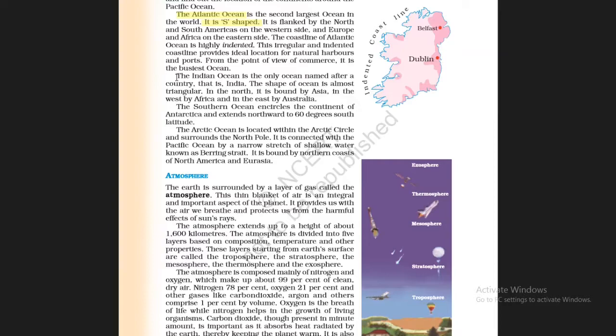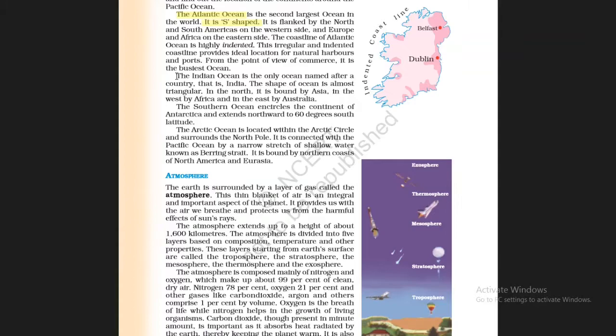It is helpful for making natural harbors and port facilities, which means ships can stay in that area. So yes, harbor and port facilities are found here. So from the point of view of commerce, it is the busiest ocean, boys.